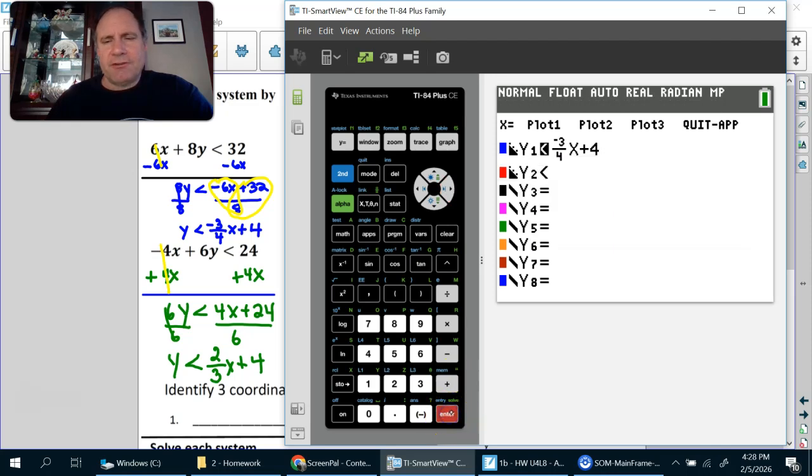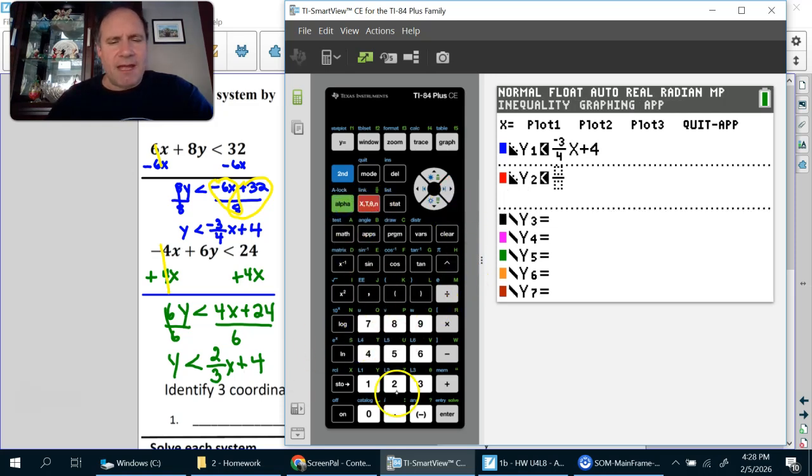And then I'm going to press enter twice, and we are going to have a less than symbol. So now I'm going to press alpha x, put 2 over 3 in as the fraction, x plus 4. Now I'm going to press graph.